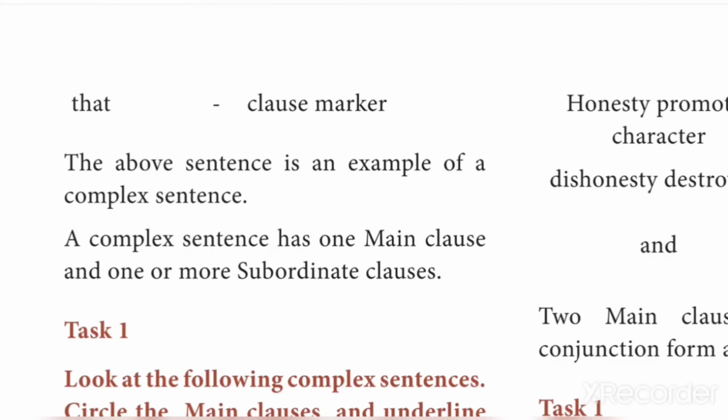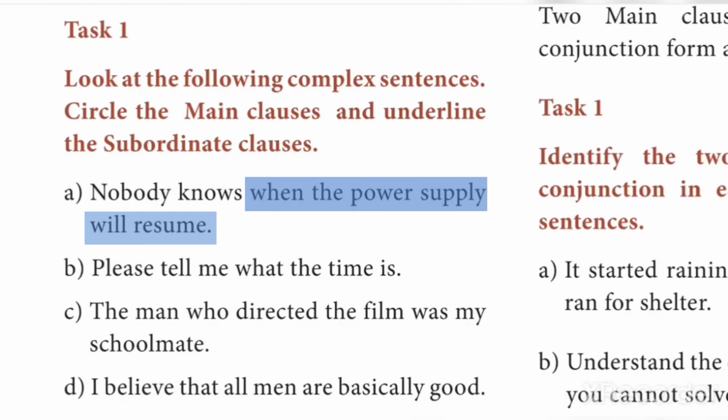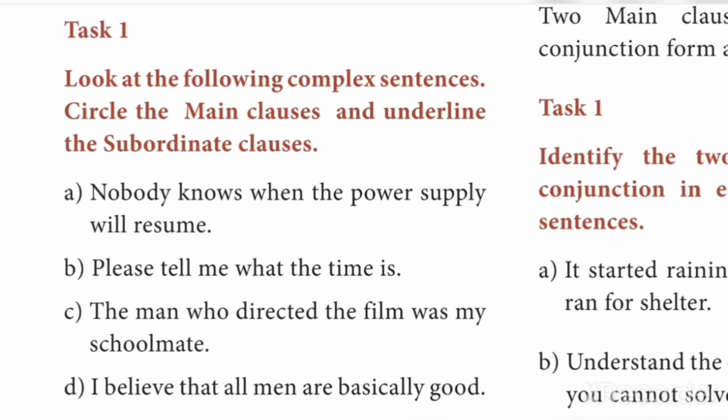We are now coming to task 1 under this category. Look at the following complex sentences. Circle the main clauses and underline the subordinate clauses. So, here in A, nobody knows is the main clause. When the power supply will resume is the subordinate clause. Coming to B, please tell me is the main clause.